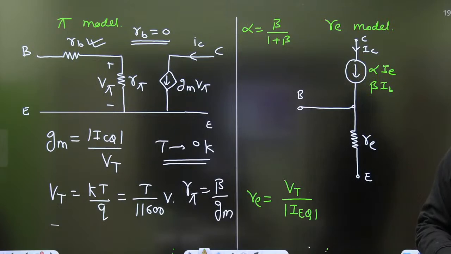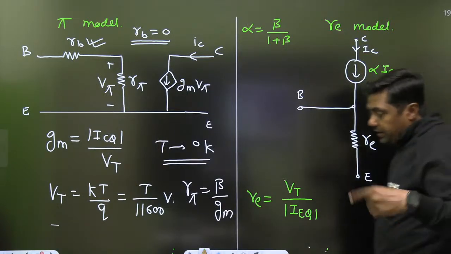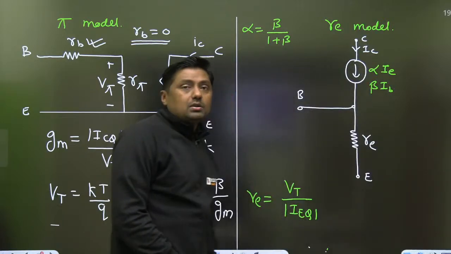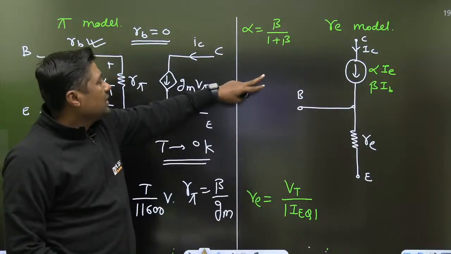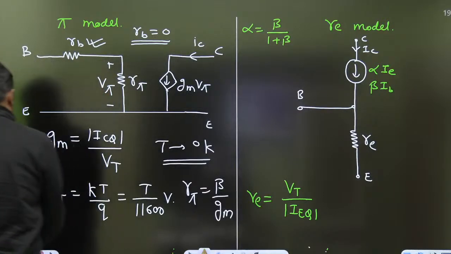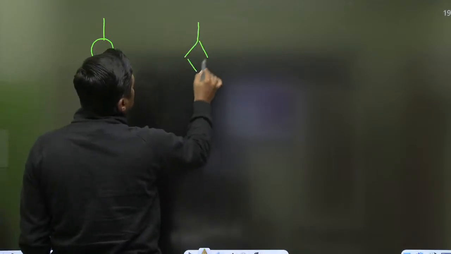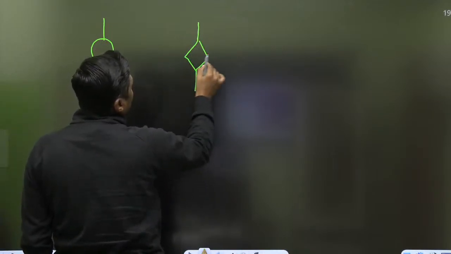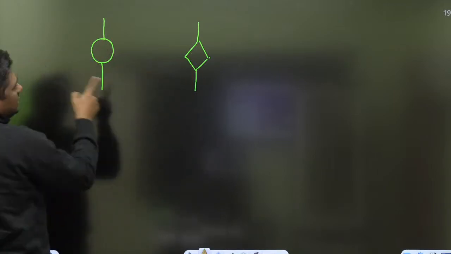Sir, it should be a dependent current source. Yes, it is a dependent current source. You are talking about the sign only? By default in analog, we are using this type of sign. No problem. In network theory, we show it differently. Okay, but I am writing this.